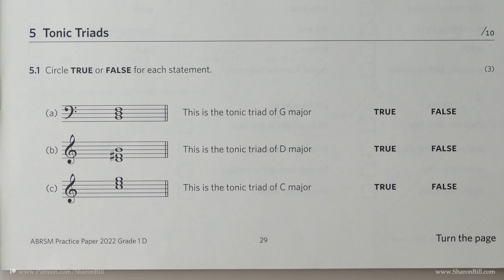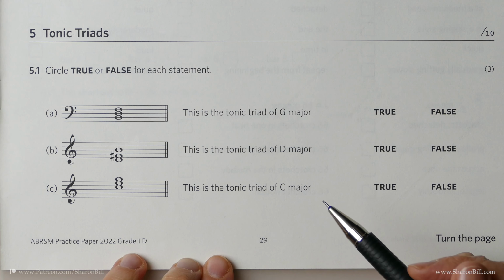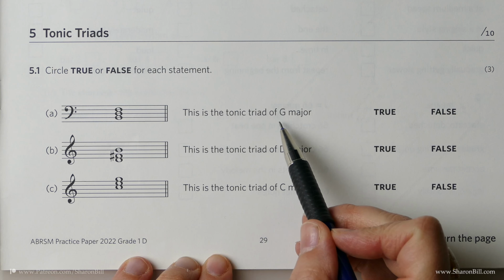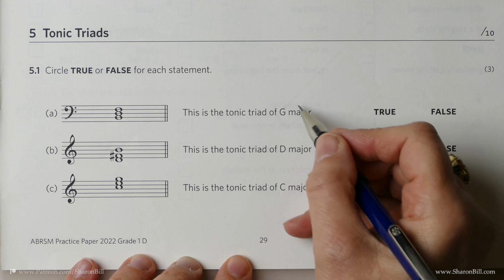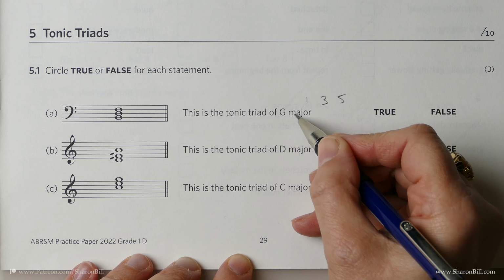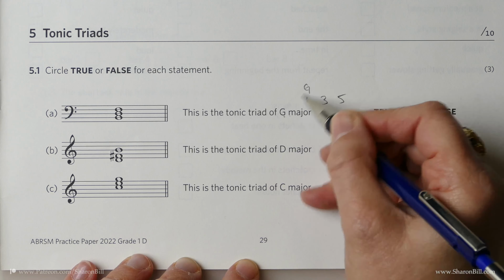And we also need to be aware of the degrees of the scale and the intervals of a first, third and fifth, which is used to build up the triad on the tonic note of each key. So is it true or false that this is the tonic triad of G major? Well, the tonic triad of G major is built up of the first, the third and the fifth. G major, G being the tonic or the key note, the home note.